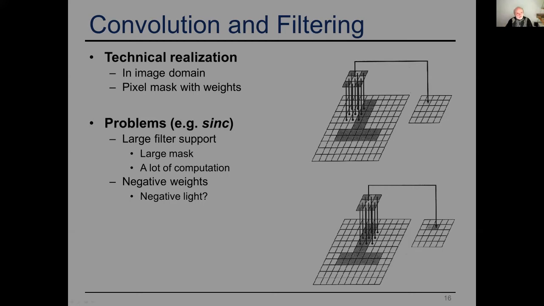Where your sinc function has negative weights, you have a strong pixel value. So you sum up lots of negatives, and you end up trying to store a negative value, which obviously doesn't make any sense for an image because, as I mentioned before, we don't have negative light. So there are some problems with using convolution in the Fourier space that we have to take care of.